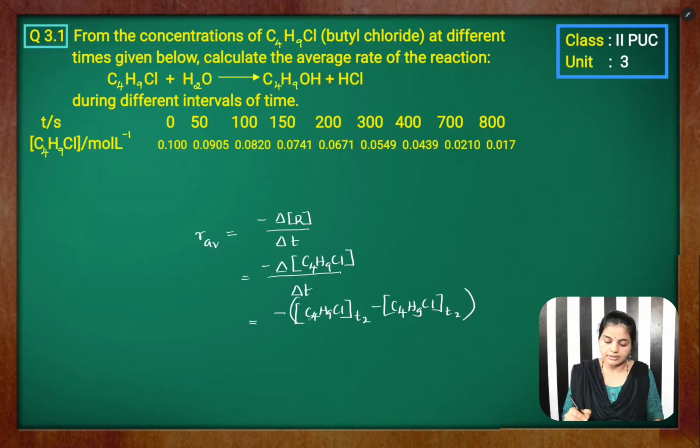So this gives us change in concentration divided by T2 minus T1. Using this formula, we shall calculate the average rate of the reaction.